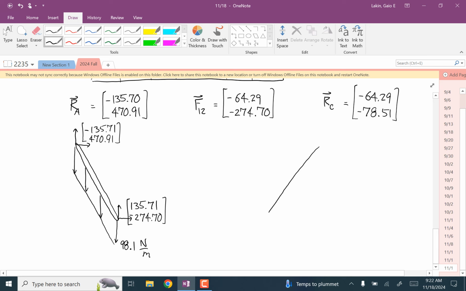And then for the one on the right, at the bottom, now on this one we only have negative F12, so this is 64.29, 274.70. I'm going to move that over.